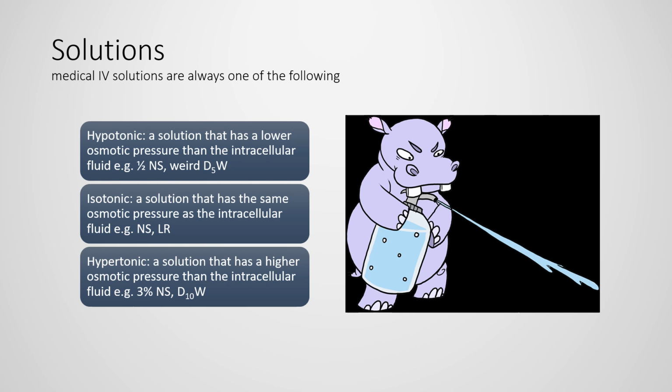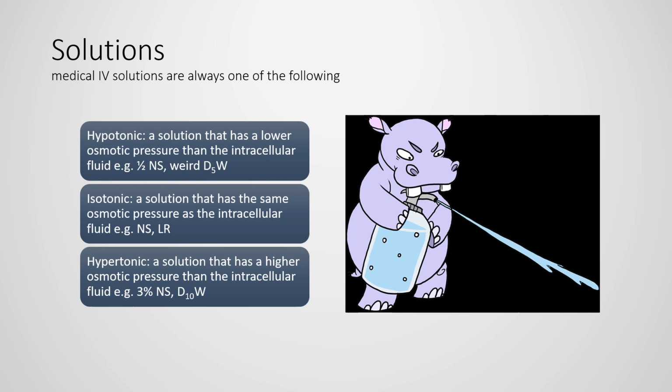So on this slide, let's start with crystalloids. And crystalloids come in three forms: hypotonic, isotonic, and hypertonic. And the term tonicity just refers to the amount of dissolved solutes within the solution.